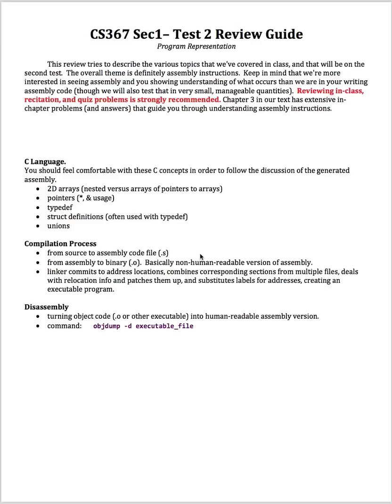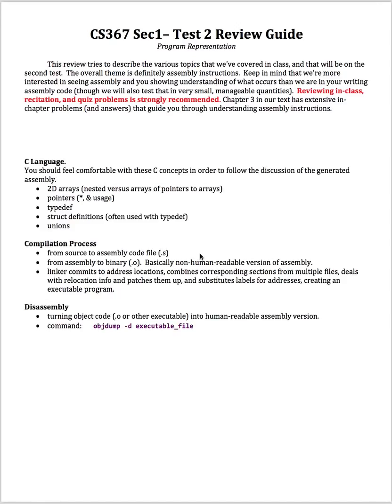The vast majority of the questions will test how well you understand assembly, with only a small, manageable quantity of questions on writing assembly.